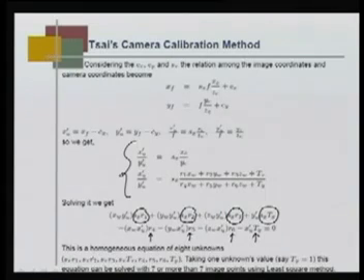This is a homogeneous equation of 8 unknowns, hence sx r1, sx r2, sx r3, sx tx, r4, r5, r6 and ty can be easily estimated. Taking one unknown value, say ty equal to 1, this equation can be solved with 7 or more data points using least square methods.